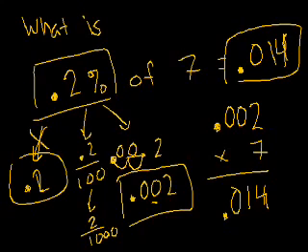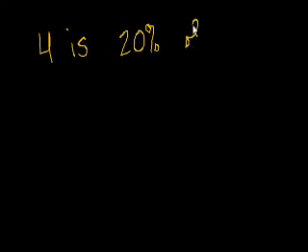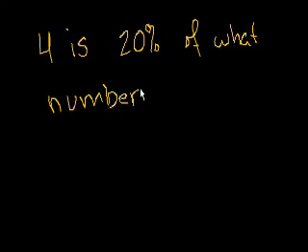So now I'm going to confuse you even further. What if I were to ask you, 4 is 20% of what number? A lot of people's reflex might just be, oh, let me take 20%, it becomes 0.20, and multiply it times 4.